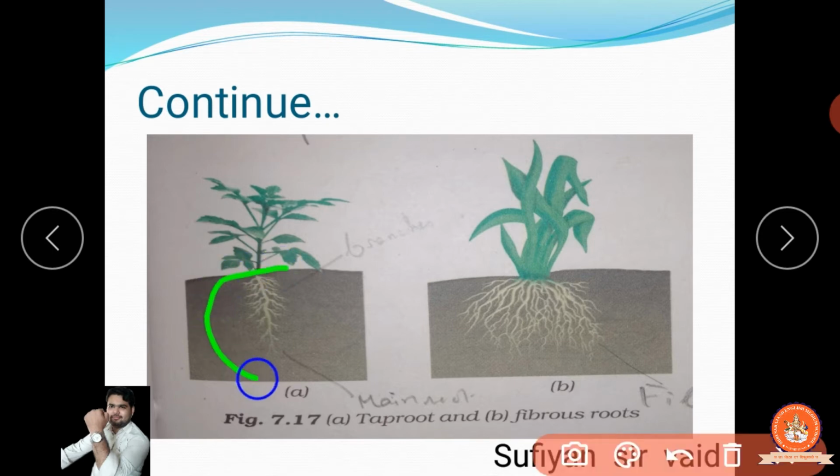this is our taproot and this is our fibrous root. What is the specification of the taproot?